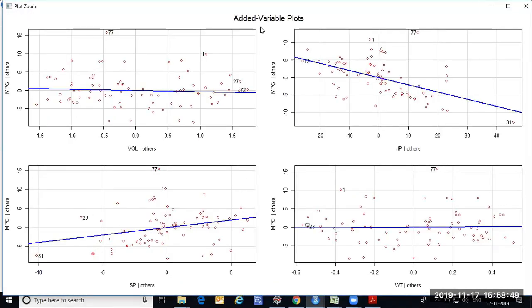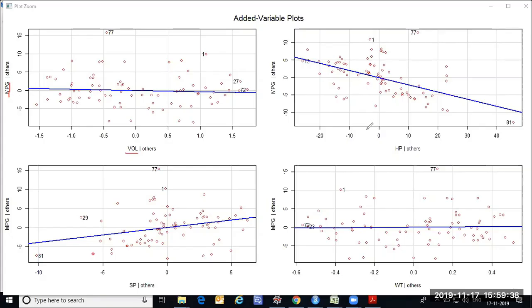AV plots. The way you need to read this plot: the first chart talks about when volume is mixed with other input variables, how it is helping for the mileage prediction.